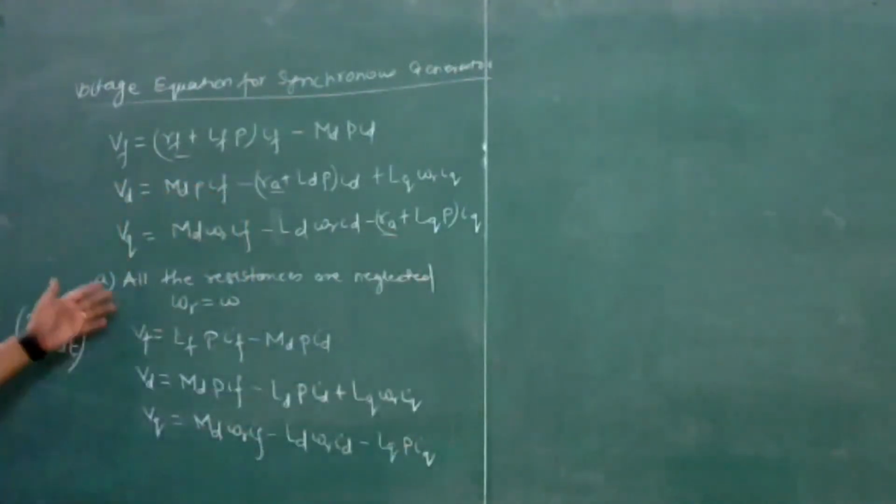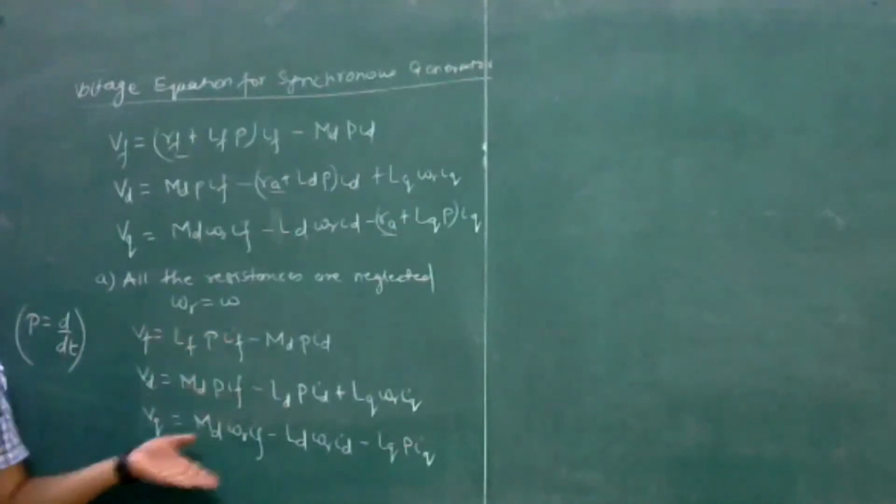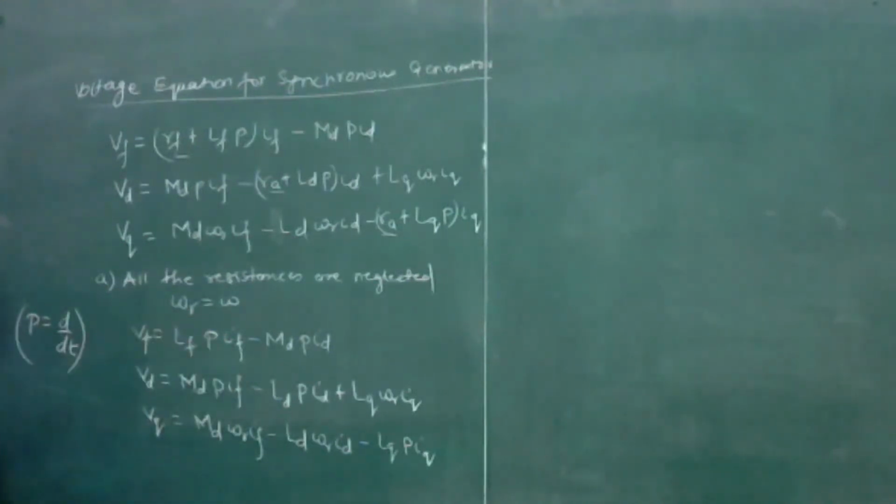This is the voltage equations of the stator of the alternator in dq variables, where all the resistances are neglected. This is equation number 1.